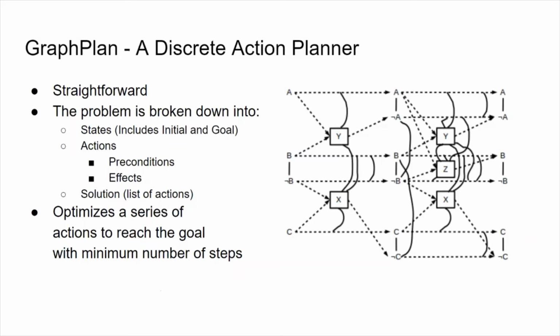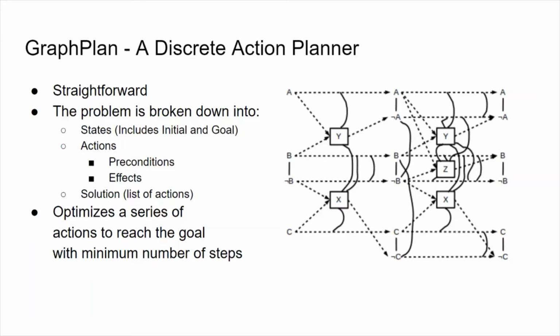Like in this example to our right, A and B and C might be different systems on the robot. A is a working system, B is a working system, B not is probably a broken system. So we'll have some initial set of states and our goal set of states, which for our instance is going to be all the states working at the same time.